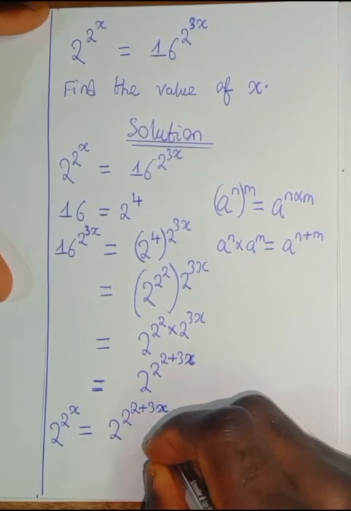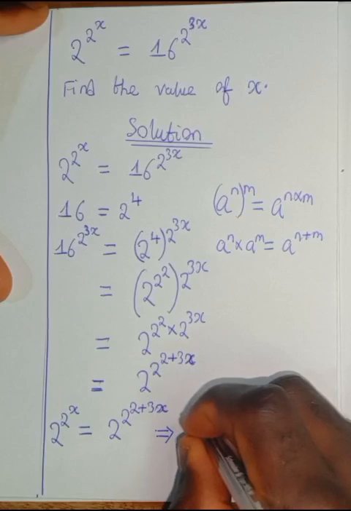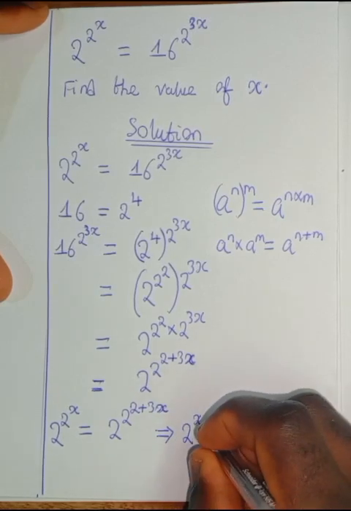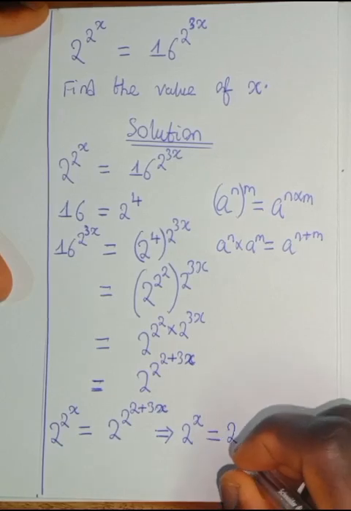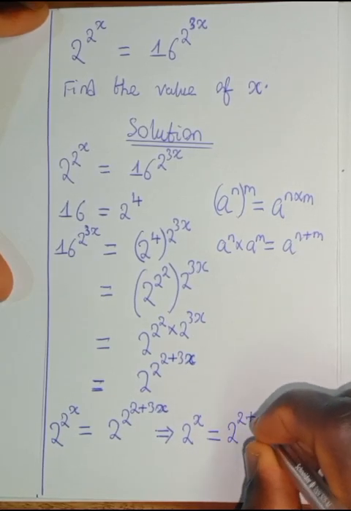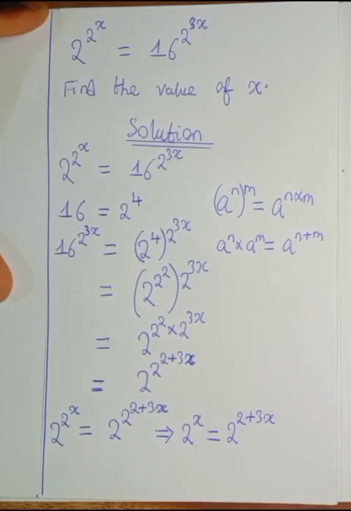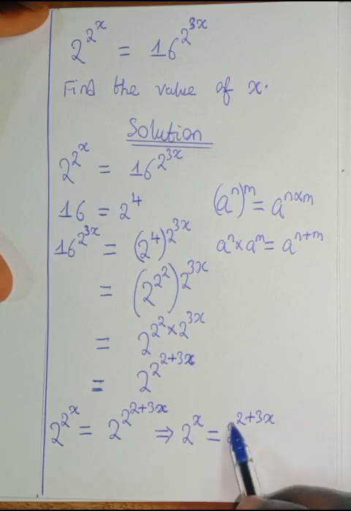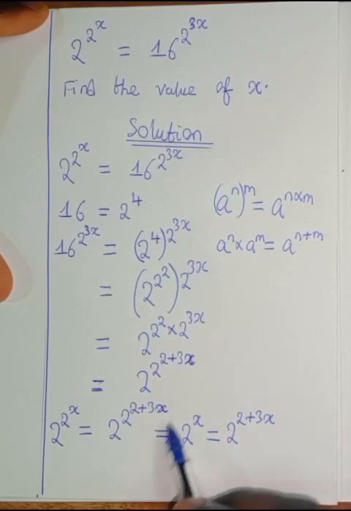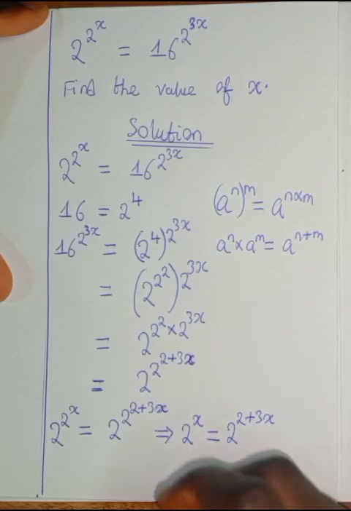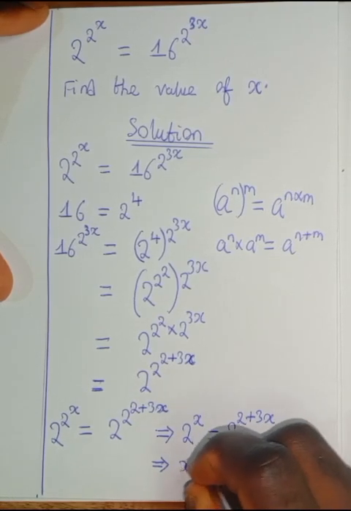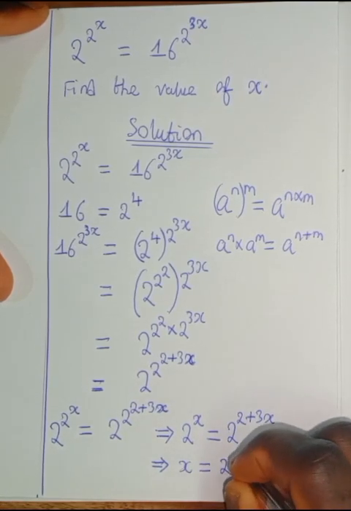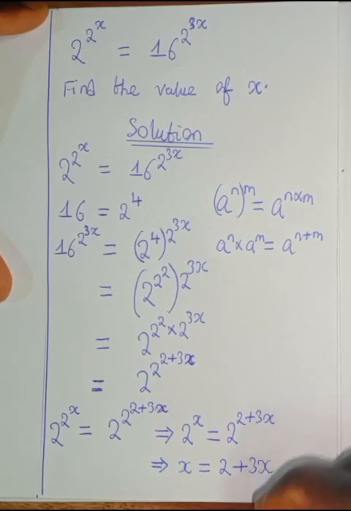Then 2 raised to the power x will be equal to, we are equating the powers, 2 raised to the power 2 plus 3x. You will see that the bases are still the same. The powers must be the same. Then x will be equal to 2 plus 3x.